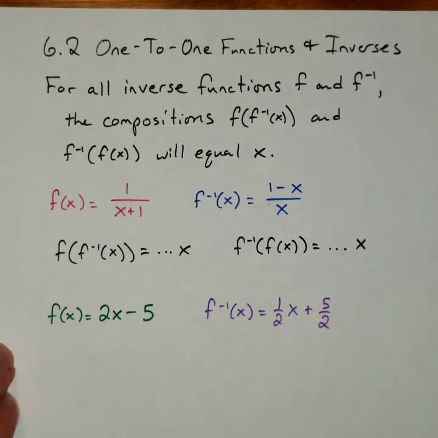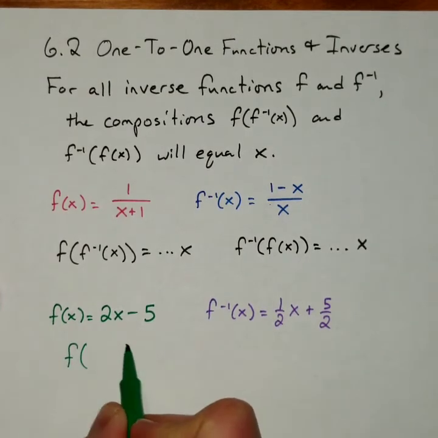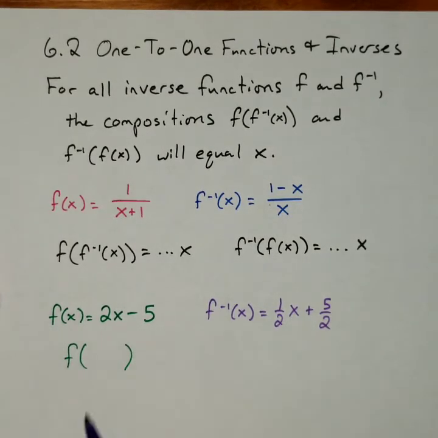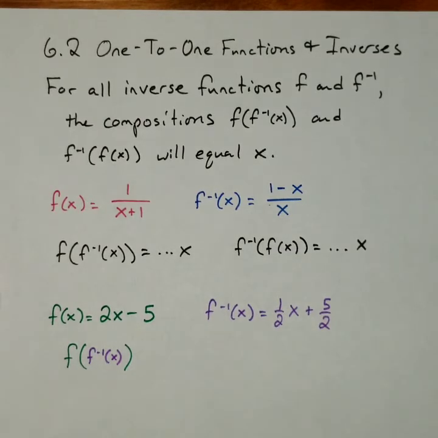Again, if I just compose those, I should, in theory, get x as the output. So let's take a look at that. Let's do f of f inverse of x first.